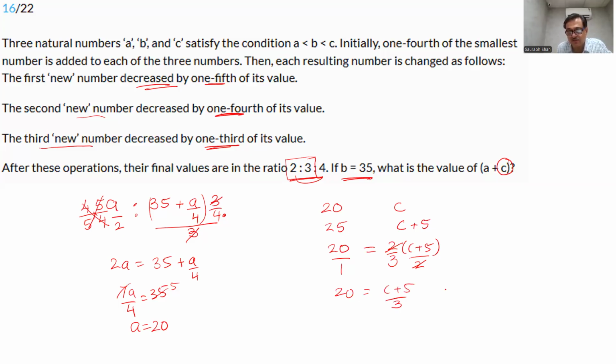C plus 5 is equal to 60 and C is equal to 55. A was 20, C was 55, and hence the required answer is 75. 75 is to be entered as the right answer.